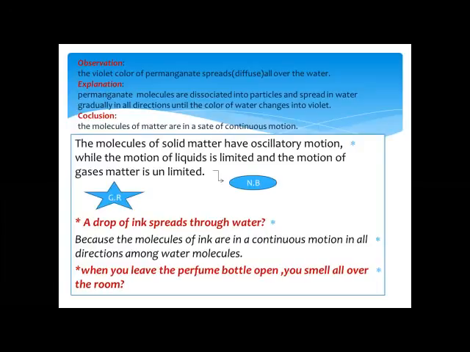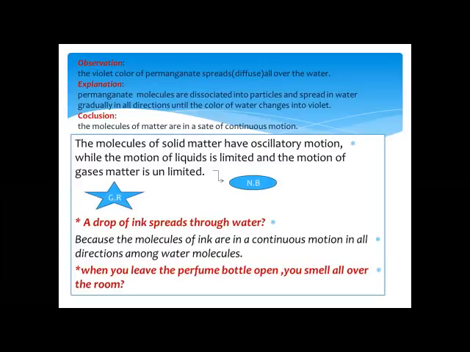What is the motion of the molecules in the desk, or in the chair, or the board? They don't move away, they have oscillatory motion. But in the liquid, the motion is limited, small. But in the gas, I can't stop it. Unlimited.